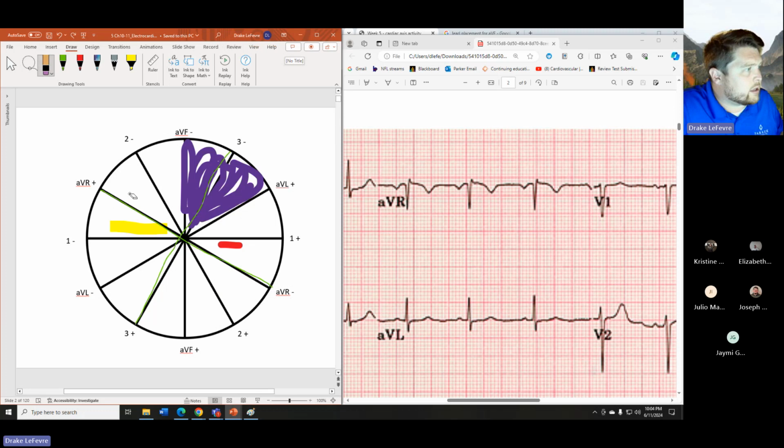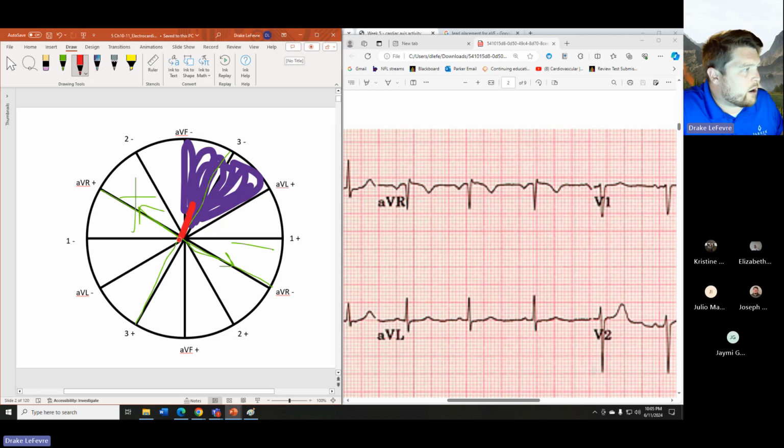And if we look at the little line that's perpendicular, when we're looking at AVR, everything heading in this direction towards the left would be positive. Everything heading down towards the right would be negative. And we look at our AVR on the EKG, and because it's mostly negative going down, that's the side we want to keep.